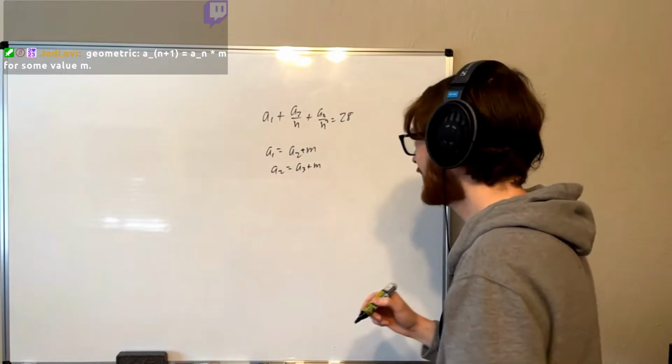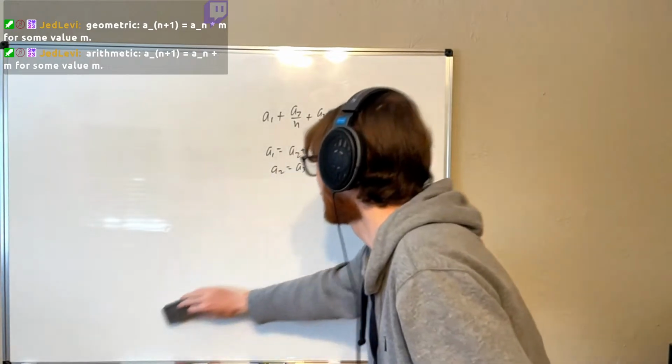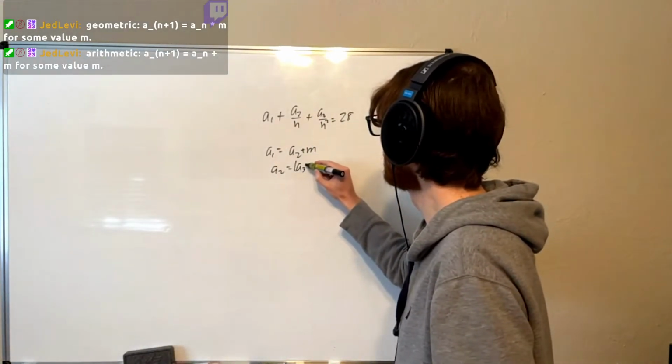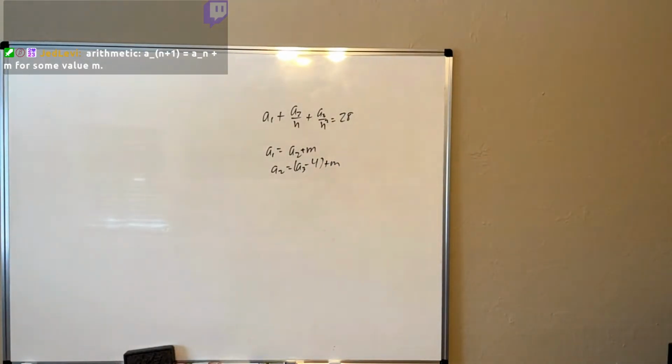So that's an arithmetic sequence, I think. Oh wait, no, A3 minus 4 plus m. I think that's how you're supposed to interpret that.